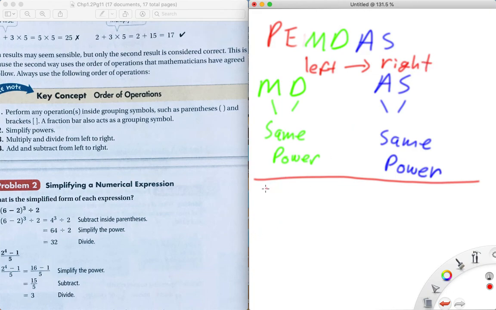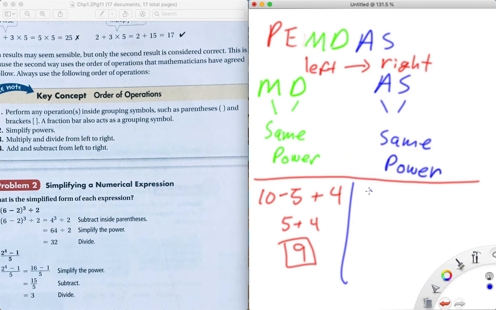So if we had 10 take away 5 plus 4, this minus sign is happening first from left to right. So I'm going to do the 10 minus 5 first, which is 5, plus 4, and then the answer is 9. Same thing with multiplying and dividing.